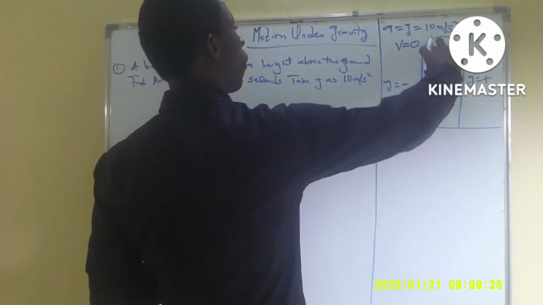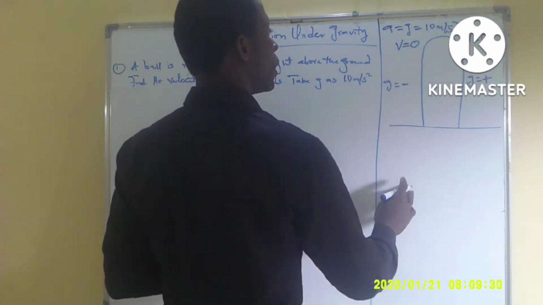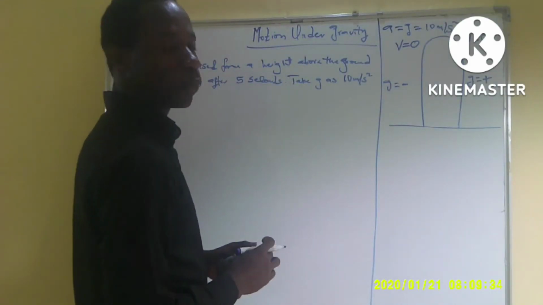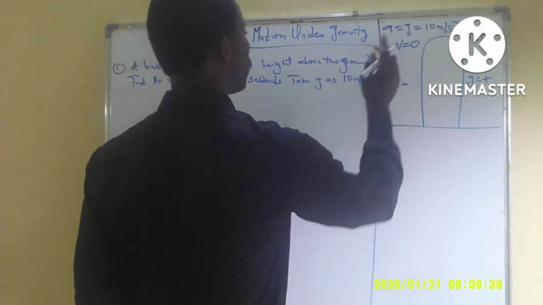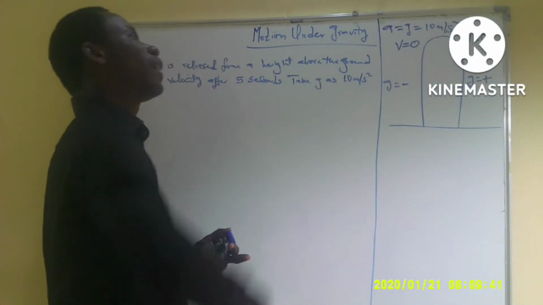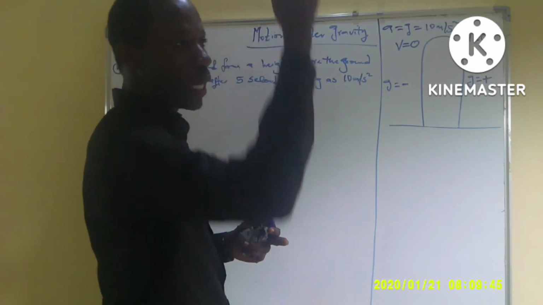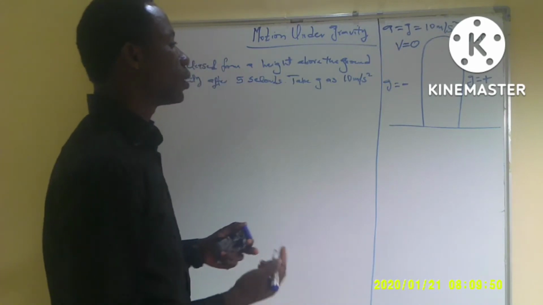When the body is coming back again, the initial velocity is 0, and the final velocity when it hits the ground is maximum. So please take note, the acceleration due to gravity is negative going upward because it's acting against gravity. When it's coming down, it's acting in line with gravity. So this is a simple illustration.